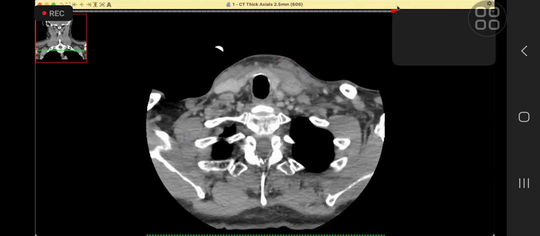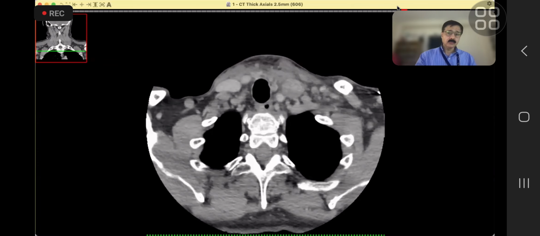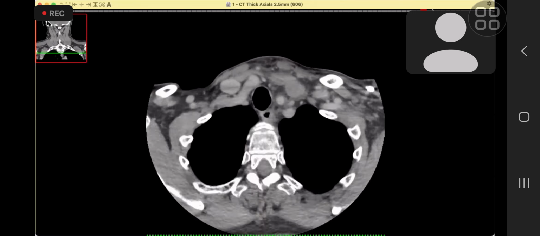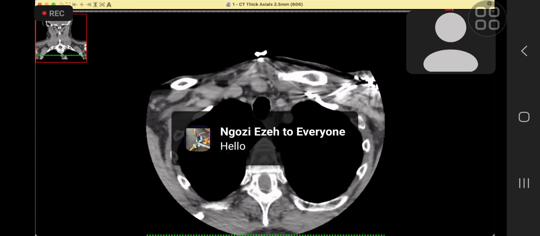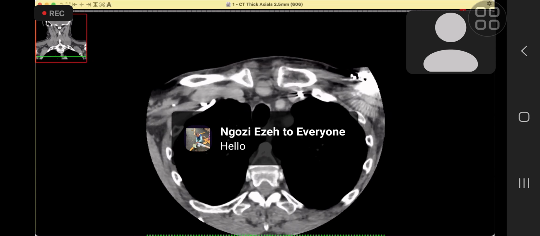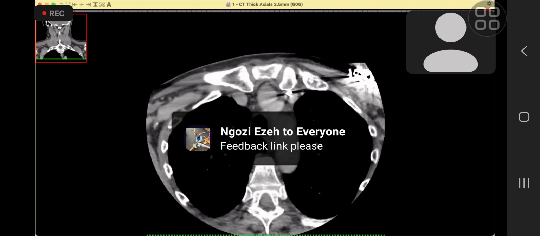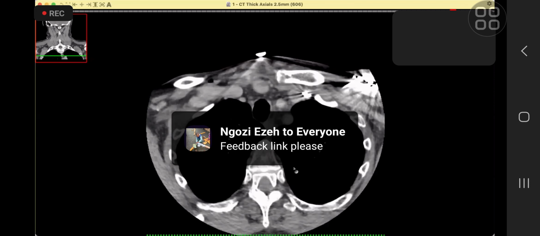So what is your conclusion? So this is a likely infected thrombophlebitis of the internal jugular vein in this patient, and I would further refer this patient to the emergency department and discuss my findings.